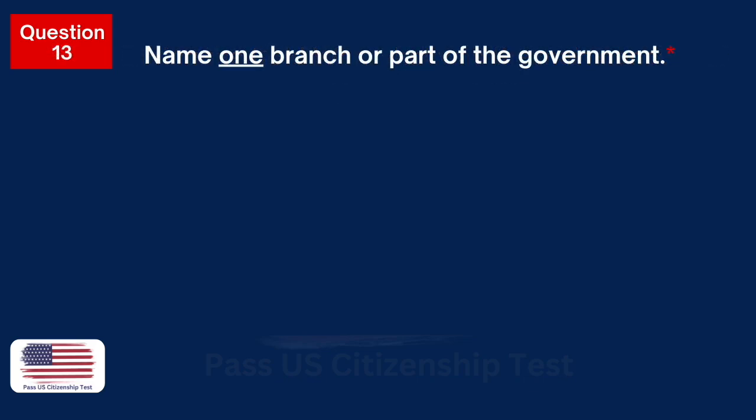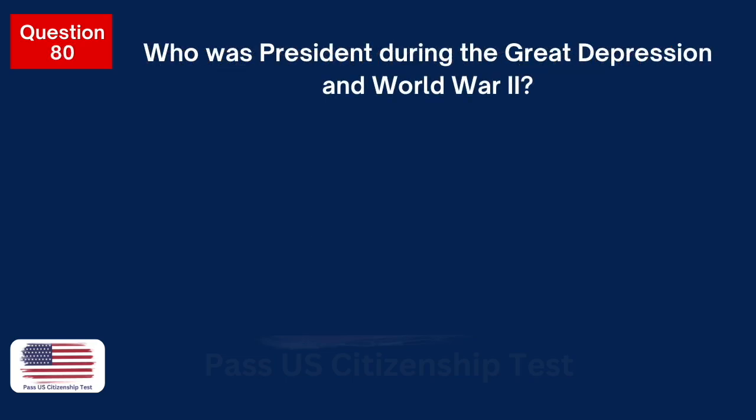Name one branch or part of the government. Congress. Who was president during the Great Depression and World War II? Franklin Roosevelt.